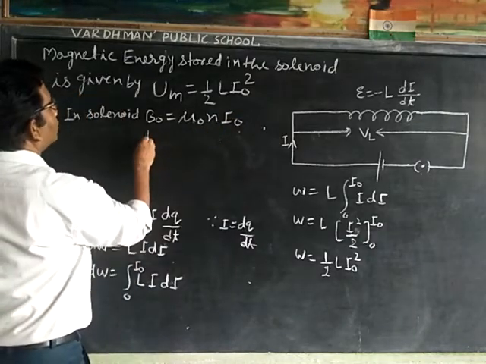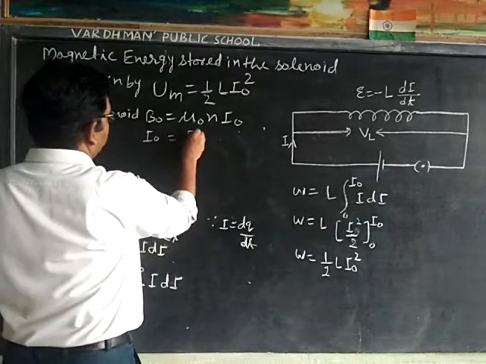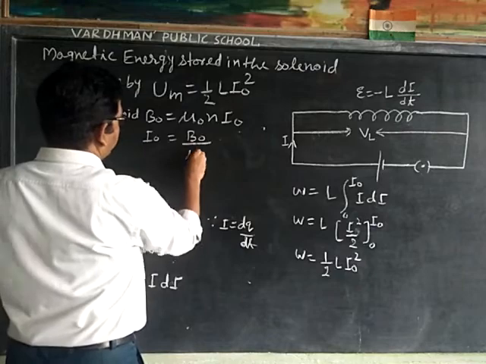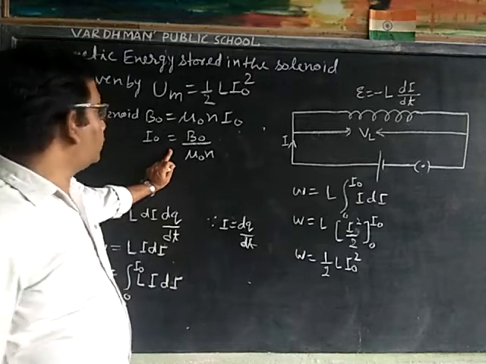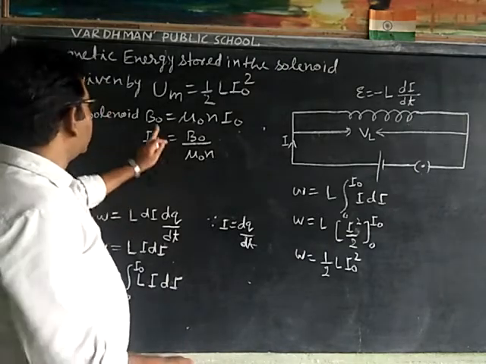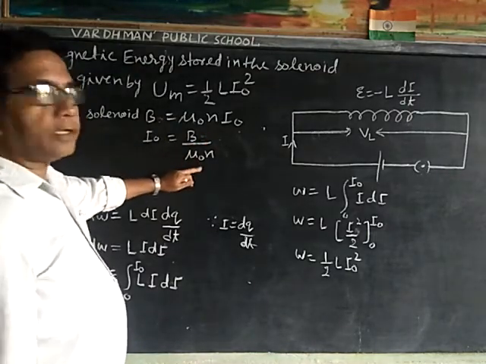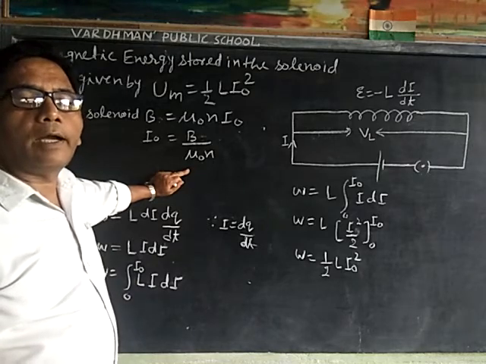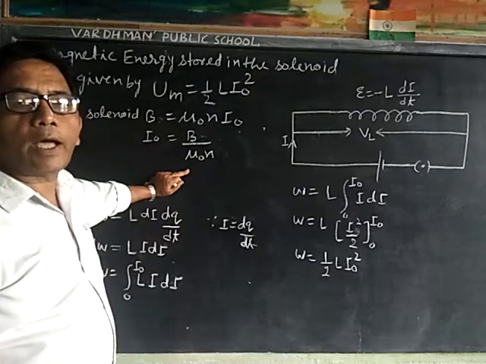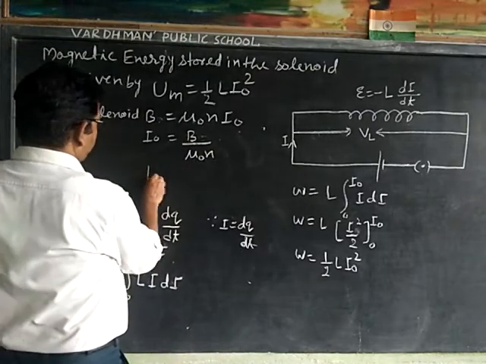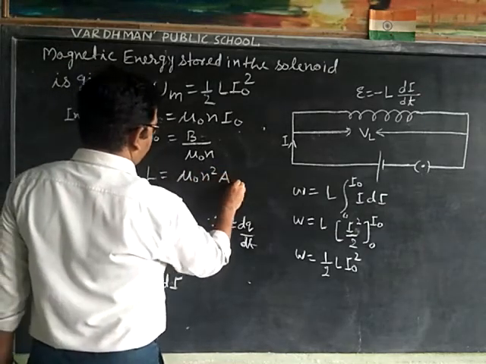From here, I0 is equal to B upon mu 0 n, and L is equal to the self inductance of a solenoid, mu 0 n square A l.